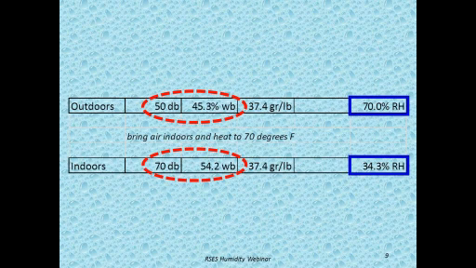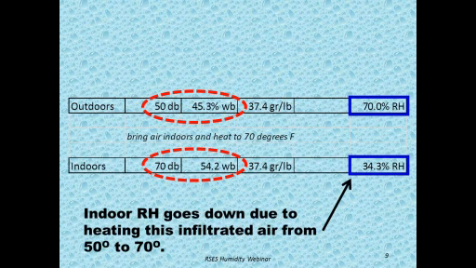Once I brought it in and I heated it, the relative humidity went down to 34.3%. So the simple process of allowing that outside air at 50 degrees to leak into the building, and now we have to heat it up to 70 degrees, the relative humidity dropped. Not all that significantly, but it dropped by more than half.